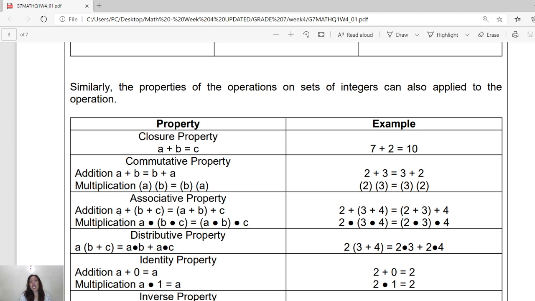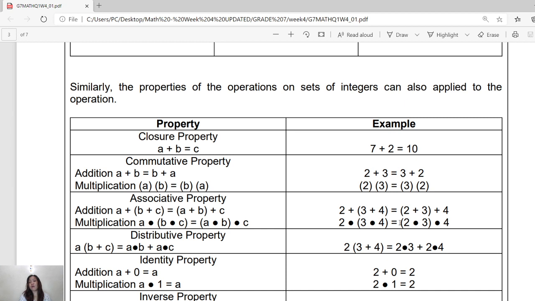We have A plus the group B plus C. The group B plus C added to A is just equal to when you regroup as A plus B plus C. An example: the group 3 plus 4 added to 2 is just the same as when you regroup it as 2 plus 3, plus 4.